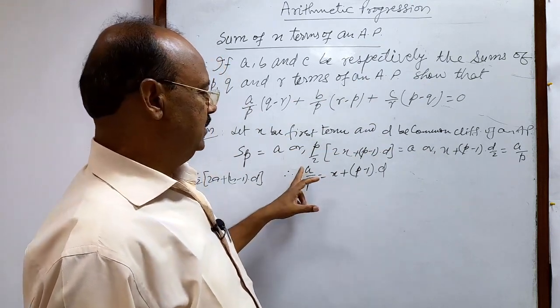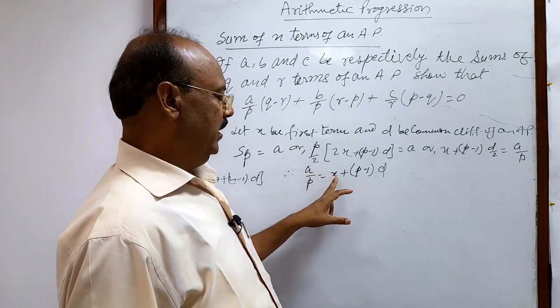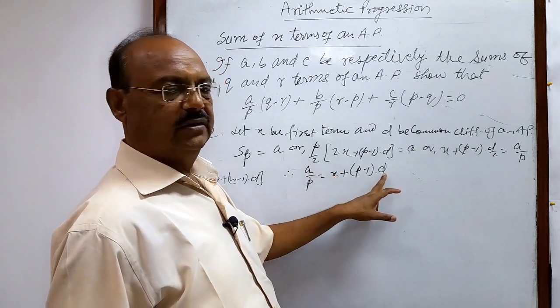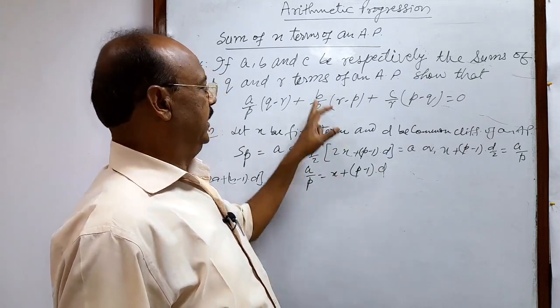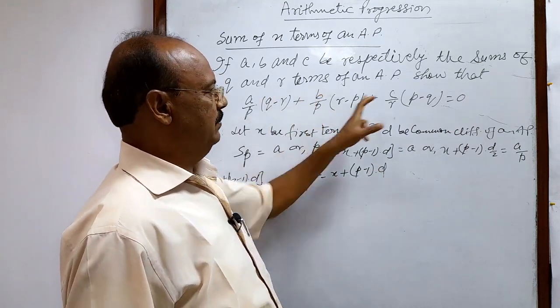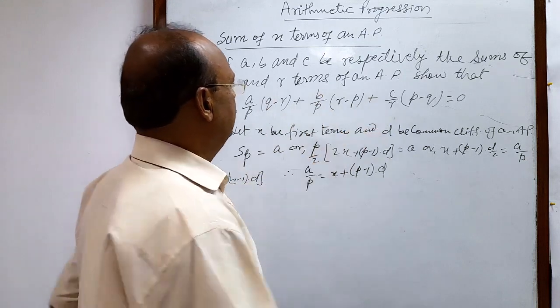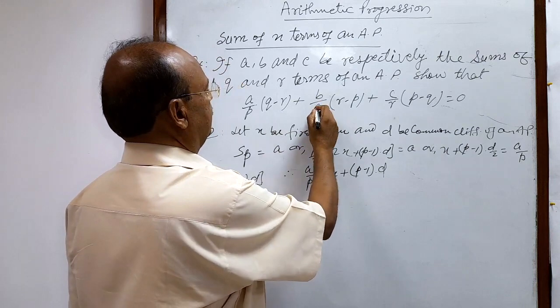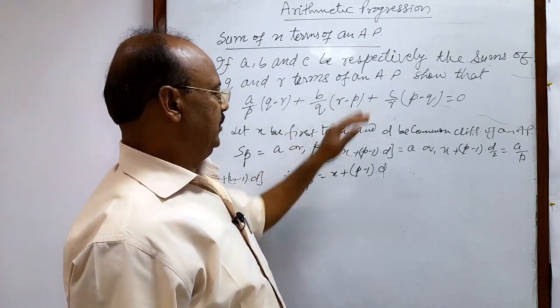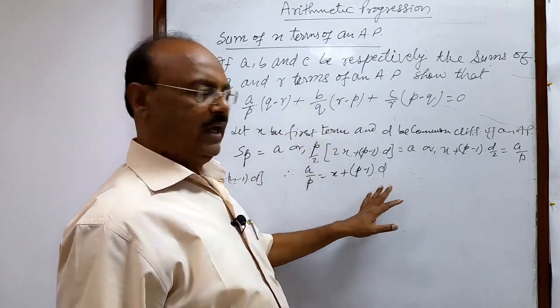A is the sum of P terms, X is the first term, D is the common difference. So X and D will remain in A by P, and this will be B by Q. Okay, this is B by Q. So in every term, X and D will remain as they are.